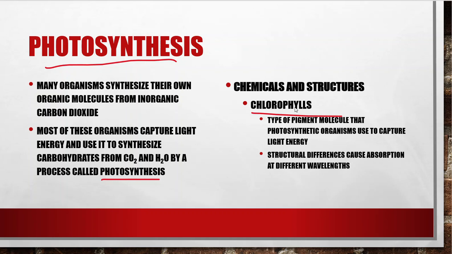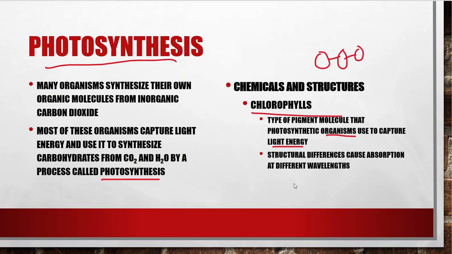As far as photosynthesis, these guys have got special structures called chlorophylls, and you've heard of chlorophyll, the green pigment. These guys are sensitive to the light energy, and they can take that light energy and use it to bond carbons together. Remember we said that anabolism requires energy?